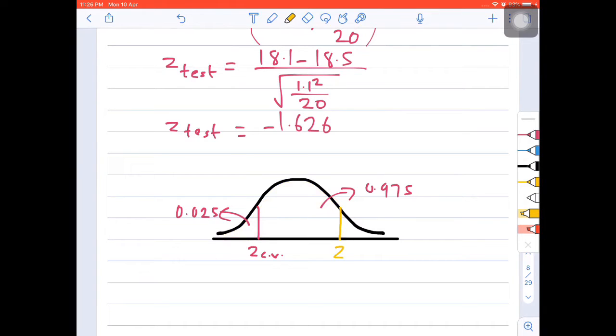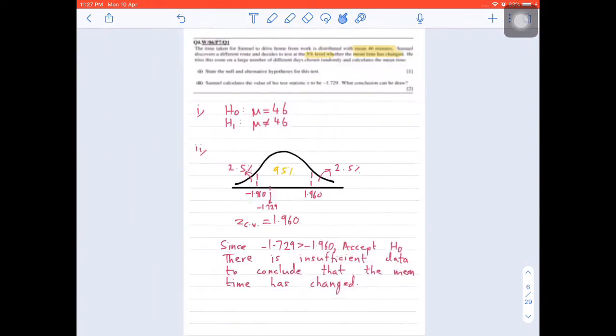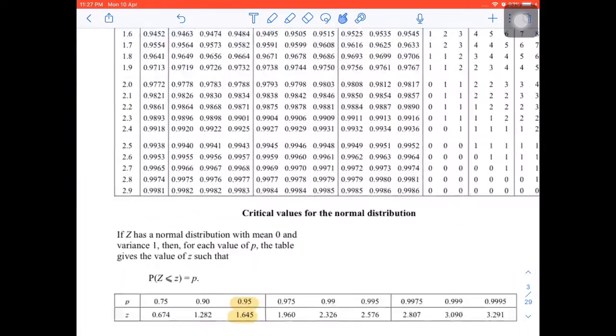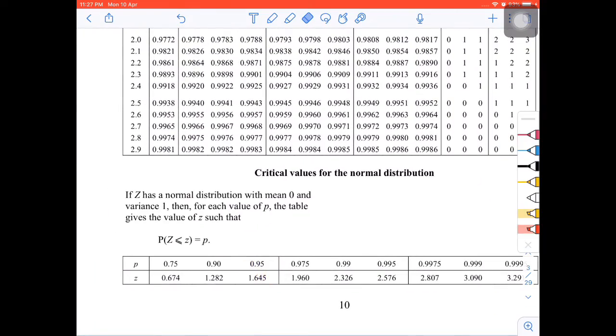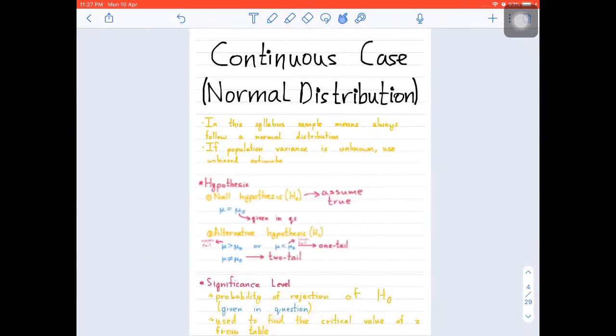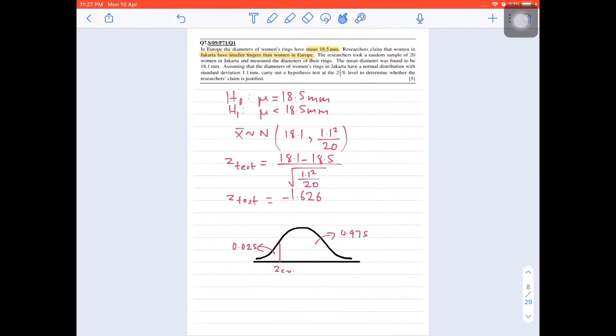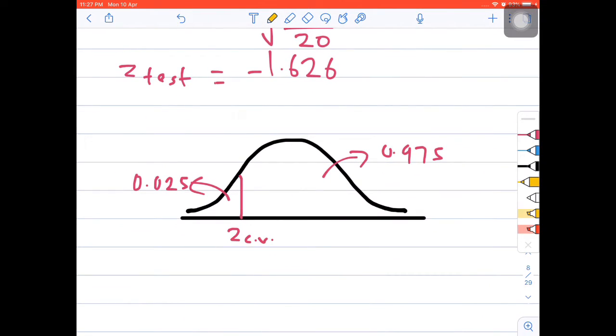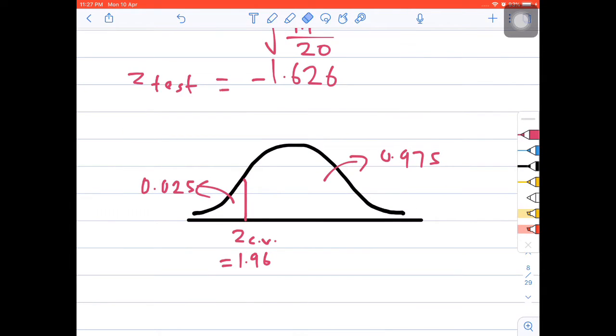So I'll find the value of z with area 0.975 and just change the sign to negative. So 0.975 gives us a value of 1.960. So z critical value is 1.96. Negative 1.96 we'll take because it's on the left hand side.